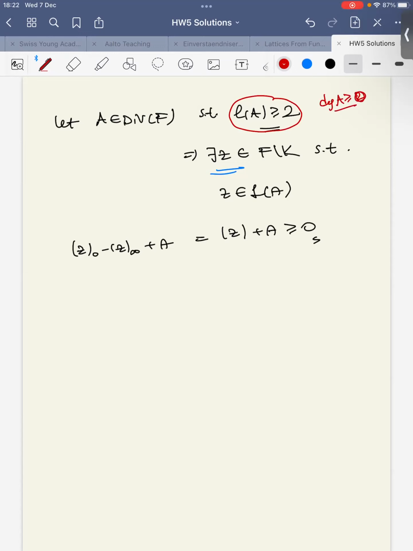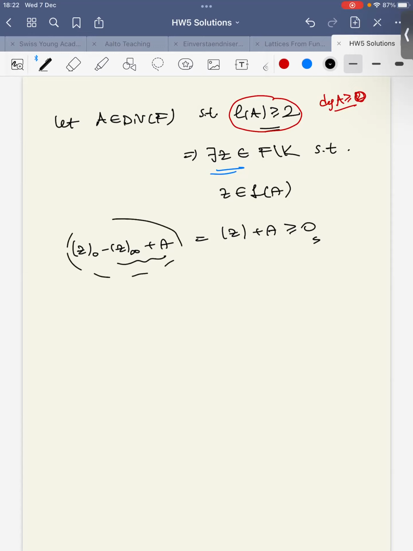Otherwise, for the degree negative divisors, we know that its Riemann space is trivial. And indeed, this gives us control. And again, when you look at this statement, the degree of this should also be positive.